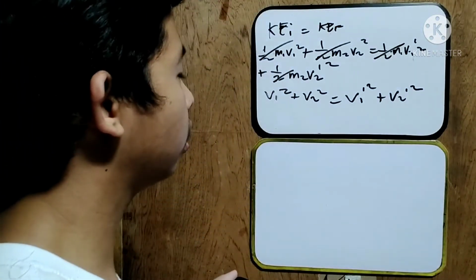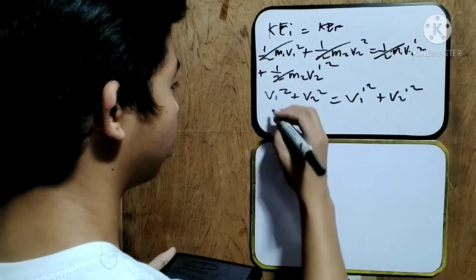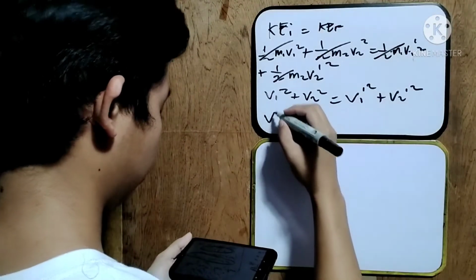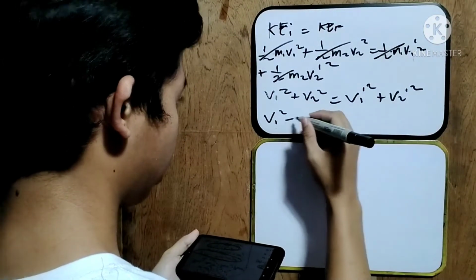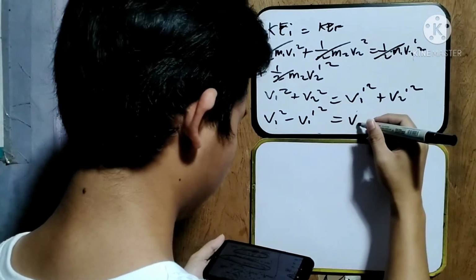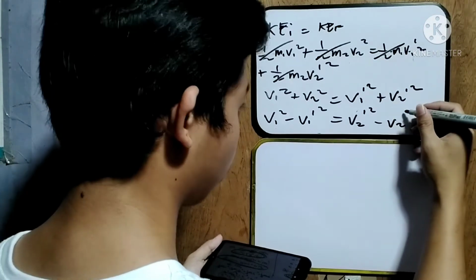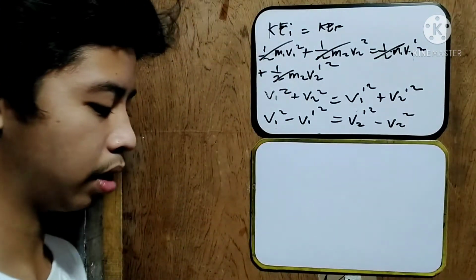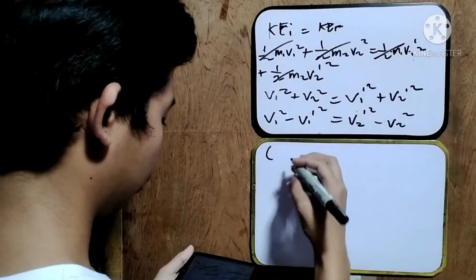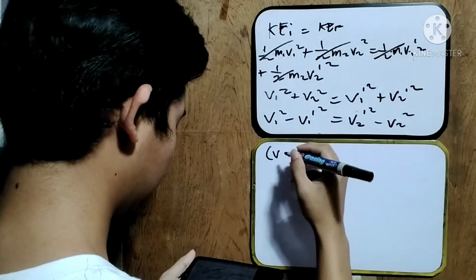So, yung final velocity natin, itong V1 na final, tapos yung V1 is pagsasamahin lang natin. Ganun din sa kabila. Kaya ang mangyayari dyan is V1 squared minus V1 prime squared equal to V2 prime squared minus V2 squared. Yan. So, ifa-factor lang natin para simplify natin.